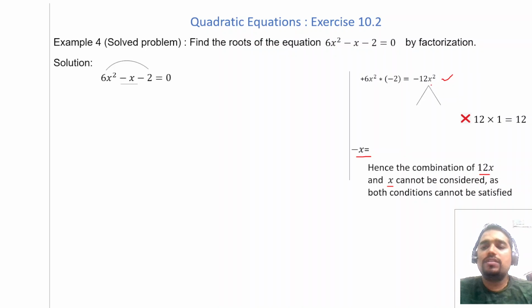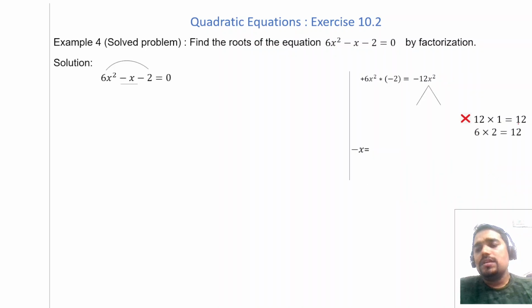Now we will see in which other table we will be able to get 12, that is 6 2s are 12. Suppose we consider 6 2s are 12, then we would have to consider factors as 6x and 2x. 6x and 2x if added we would be getting 8x, or 6x minus 2x or minus 6x plus 2x we would be getting plus 4 or minus 4 depending on signs.